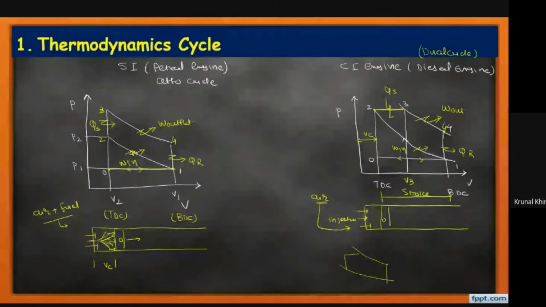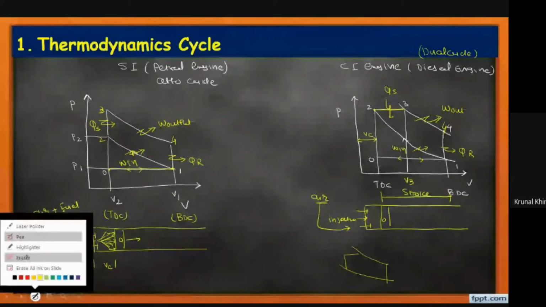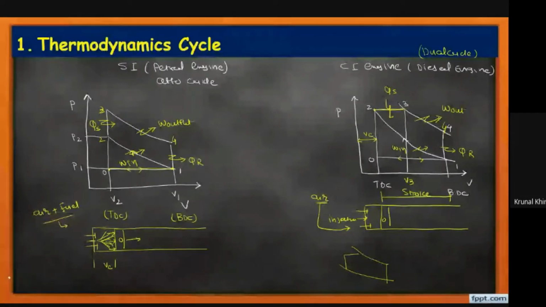Now students, we go for the important point. We compare these two cycles for some parameters. The first parameter is the compression ratio. The second is the amount of heat supply, represented as QS. The compression ratio we know as CR.